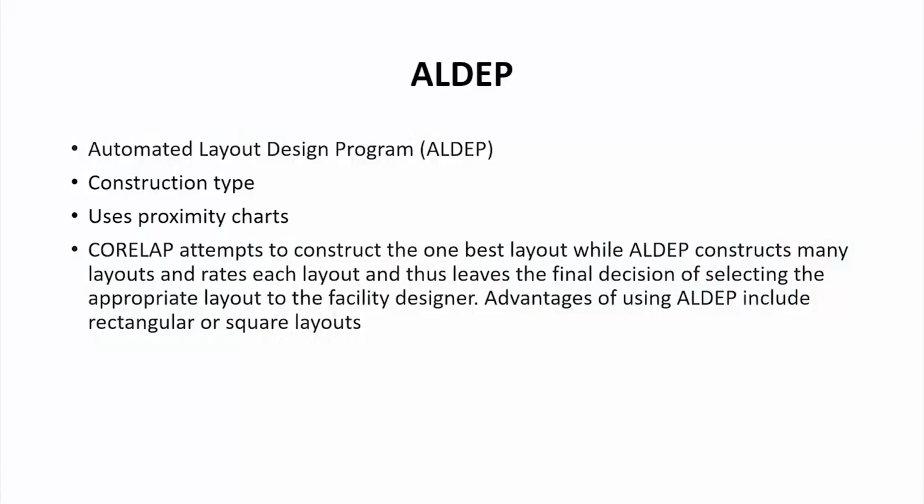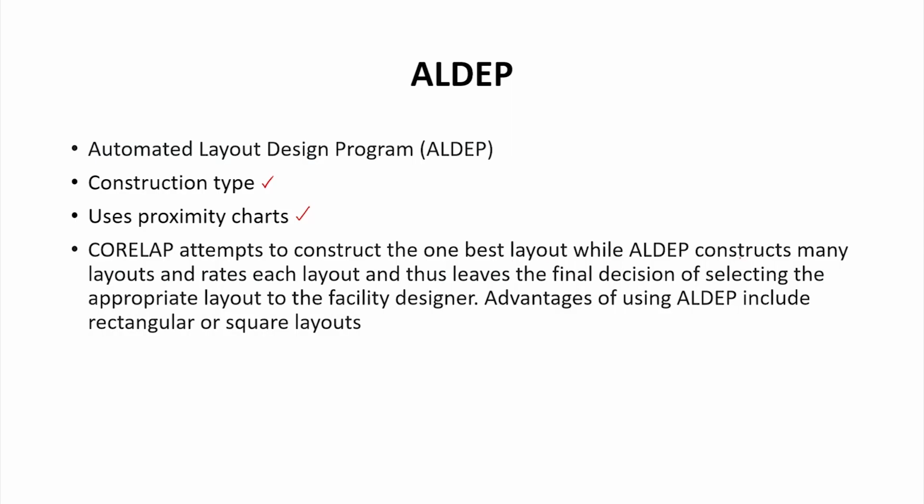Now, coming to the third technique, first we did the blocking, then we did CORELAP. The third technique is ALDEP. ALDEP stands for Automated Layout Design Program, and this is also a construction type, and it uses the proximity charts, the closeness of each other. In CORELAP, we attempt to construct one best layout.